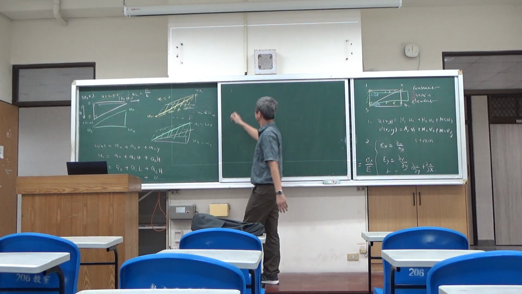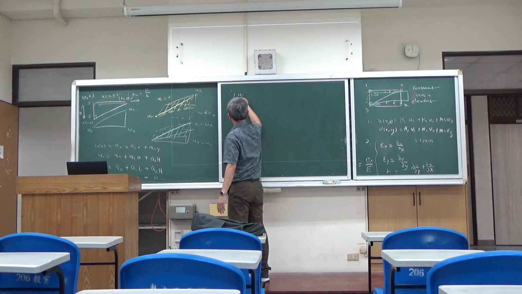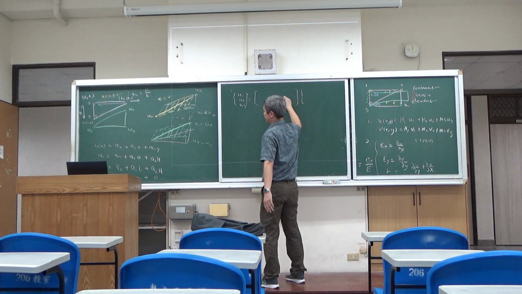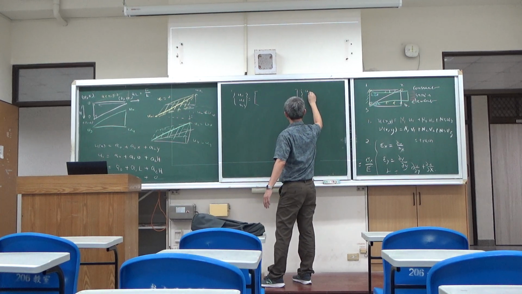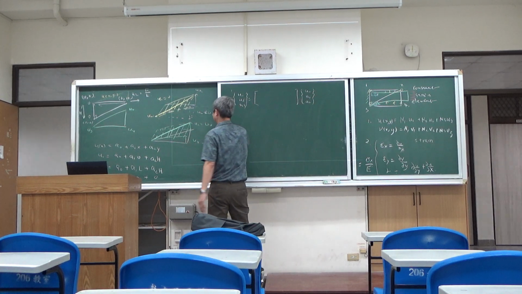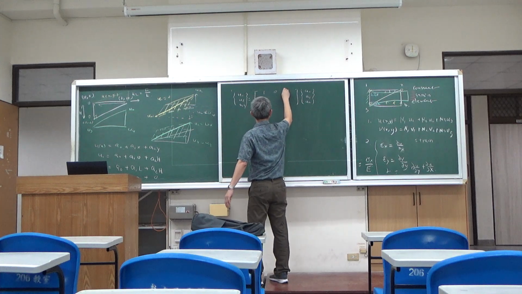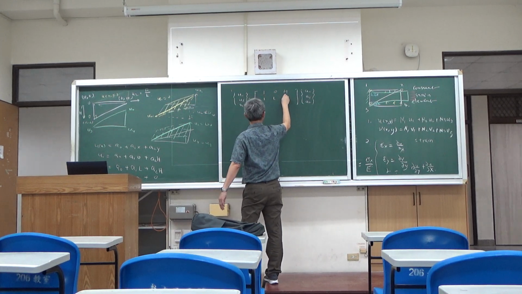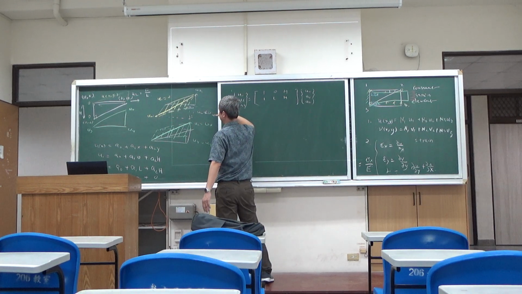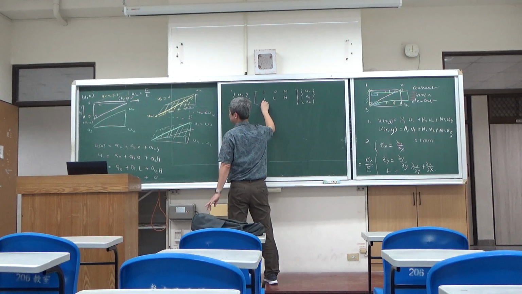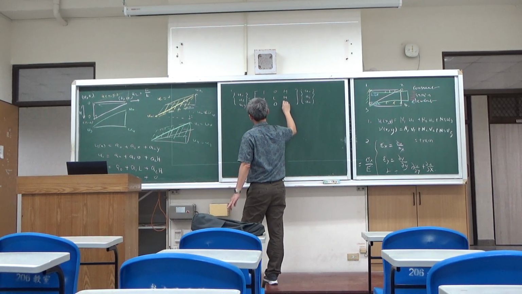Look at here. I have my U1, U2, U3 equal to the matrix times A0, A1, A2. The first row is 1, 0, H. The second is 1, L, H. And the third is 1, 0, 0.